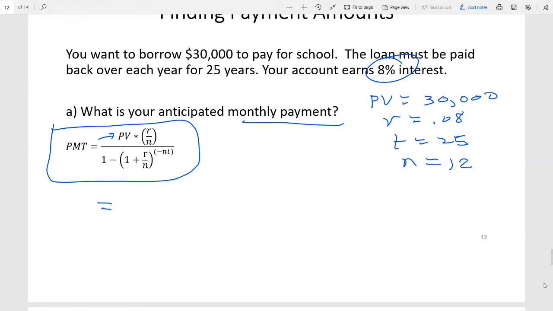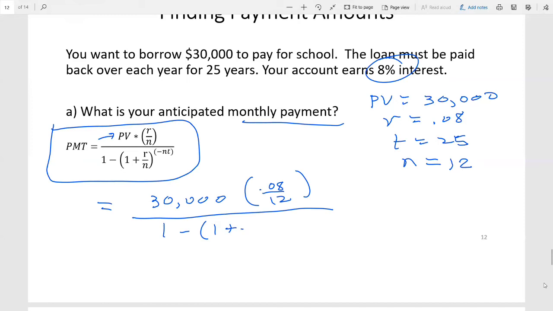So let's plug into this formula. It's just like the last one. We're going to put 30,000 times R over N, which is 0.08 divided by 12, divided by 1 minus (1 plus 0.08 divided by 12) to the minus 12 times 25, which is, by the way, minus 300.